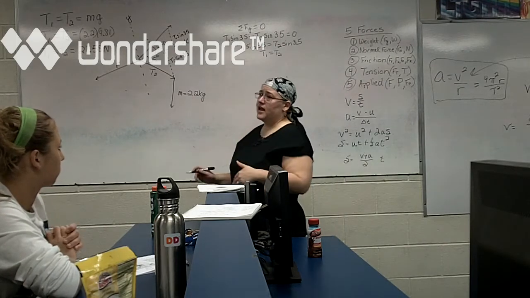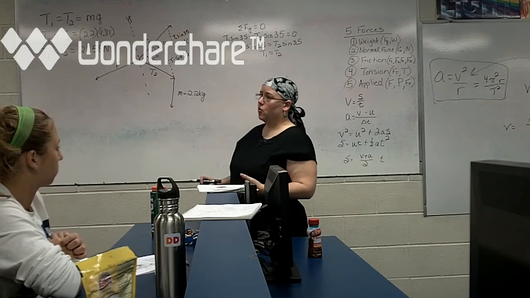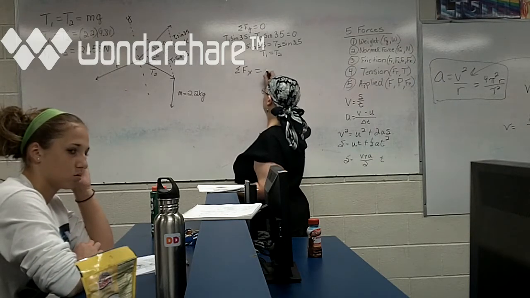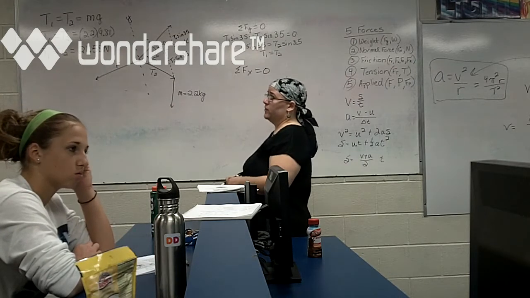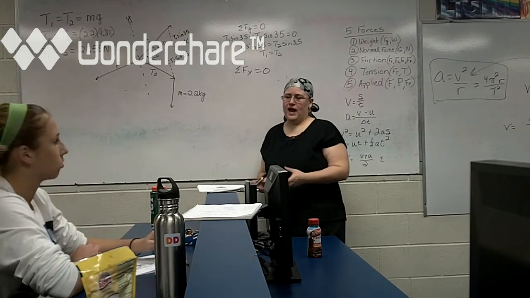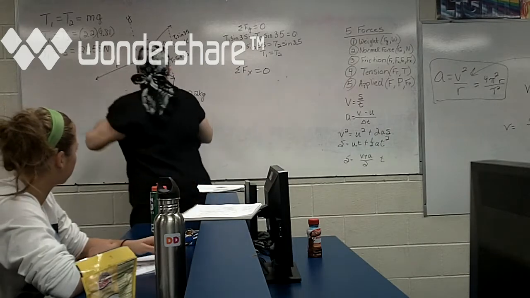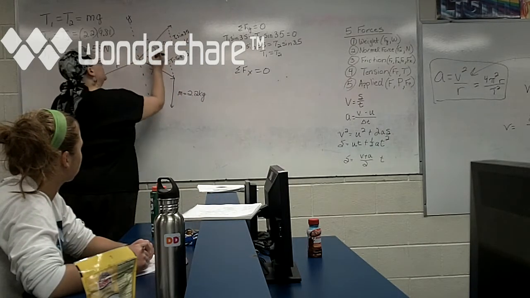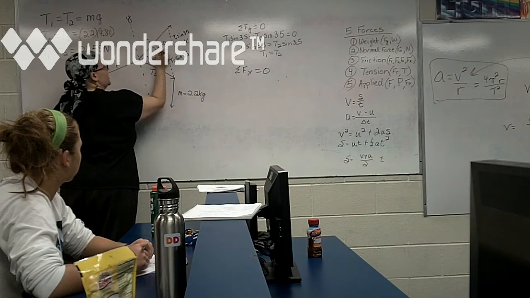Now, because we had angles, we would have also resolved this horizontally as well, right? And we know it's in equilibrium horizontally. So we need to look at our horizontals. What do we have horizontally? Well, if this is T1 sine 35, what would this part be right here? T1 cosine of 35.